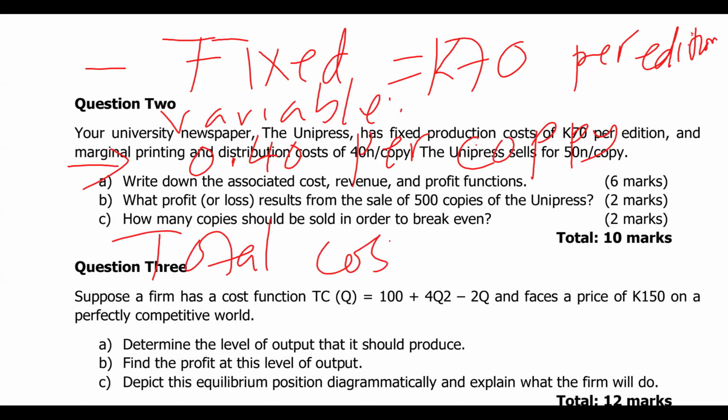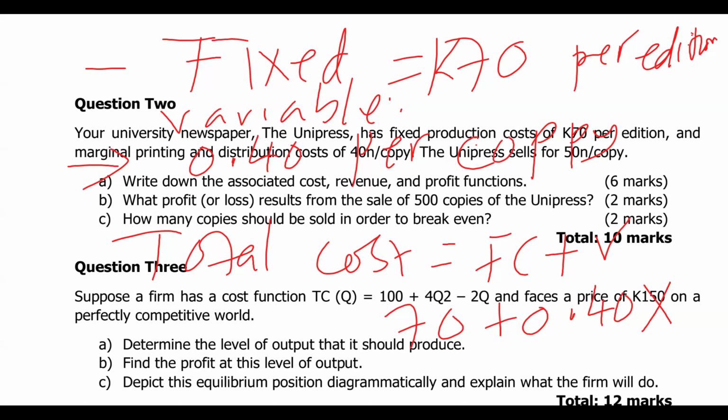How shall it be total cost? Total cost is equal to the fixed cost plus the variable cost. So our fixed cost is 70 plus the variable cost 0.40 per copy. Let X represent the number of copies.